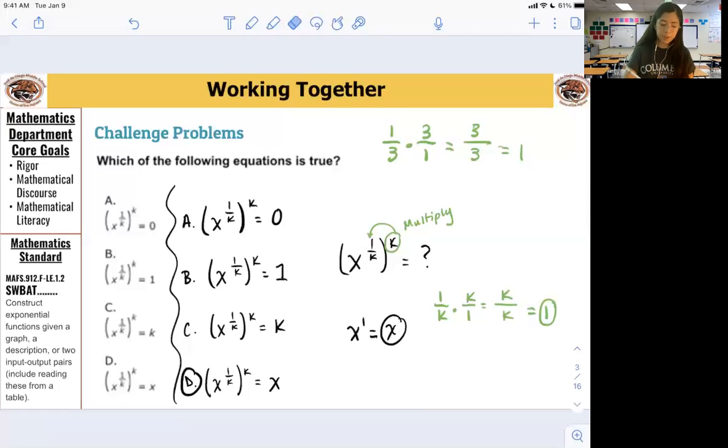Take a moment, make sure you write it all down, make sure you understand it. If you have any questions, now's your chance. We're going to do, I think, one more that is similar.